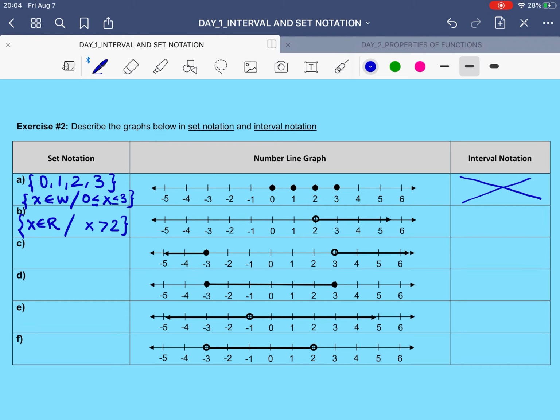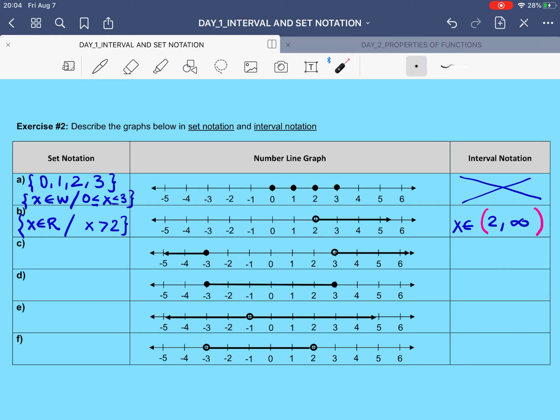In the interval notation, we are going to say that x belongs to the interval from 2 to infinity. Remember that when the number is not included in the interval, we use round brackets, and around infinity, we always use round brackets just for the fact that infinity is not really a definite number, but infinity is actually a concept, so it's not a specific number.